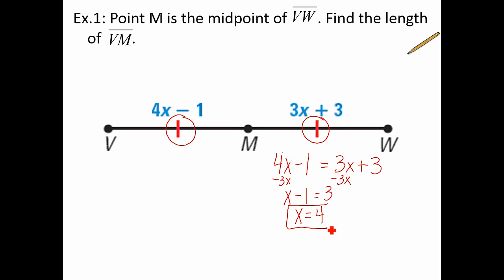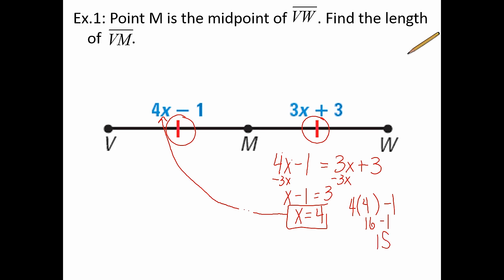And if we know that x value, guys, then we can go ahead and find the length of VM, which is what the question was asking us to do, find the length of segment VM, by plugging that x value in on that segment. So 4 times x minus 1, if we plug in the x value of 4, we'd have 4 times 4 minus 1, we'd have 16 minus 1, which gives me a value of 15.